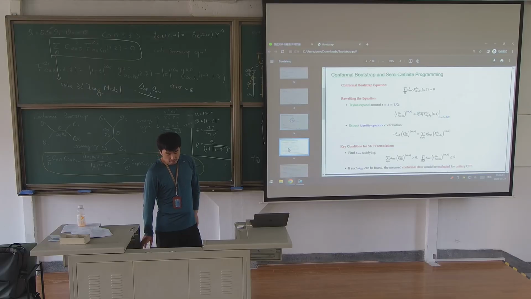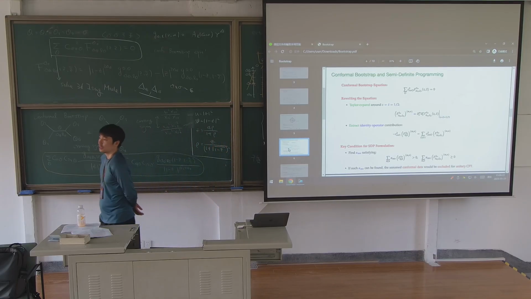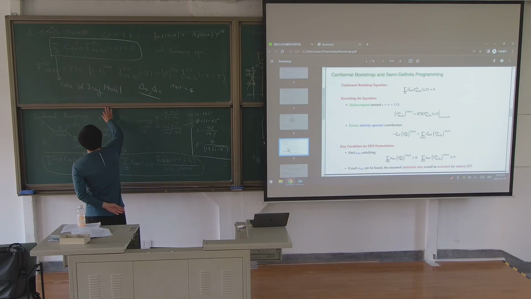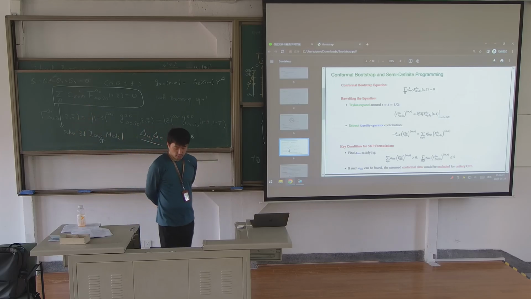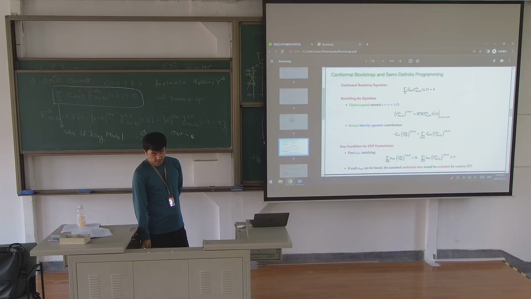Let's try to apply this semi-definite programming problem to the conformal bootstrap. As I mentioned, especially in the 3D model, this is a conformal bootstrap equation, and we can again take derivatives with respect to z and z bar, and expand around z equal to z bar.